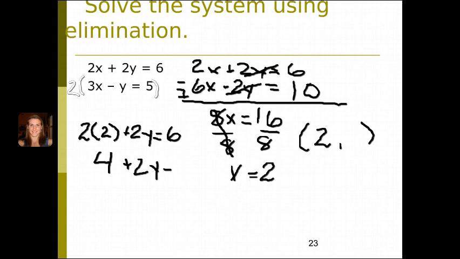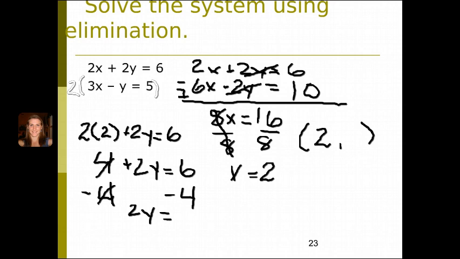Now we need to solve for 2y. First thing we're going to do is subtract 4. We have a positive 4, so the opposite is a negative 4, or subtracting 4. 4 minus 4 cancel out, which is what we wanted to do to get 2y by itself. 6 minus 4 gives us 2.